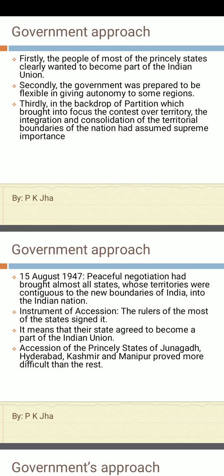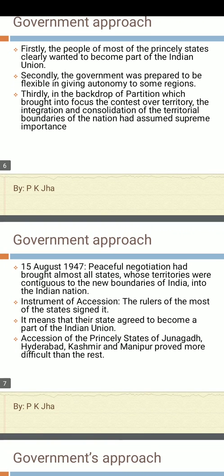They became part of the Indian Union. And here, one very important document had been signed. It was the instrument of accession. The rulers of most of the states signed it. This was the instrument of accession. It meant that their state agreed to become a part of the Union of India.